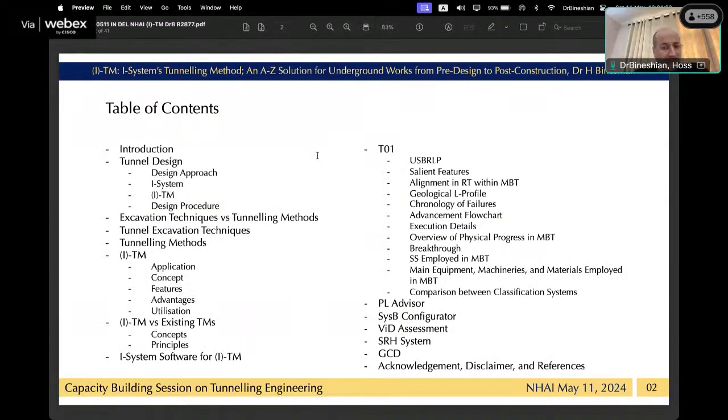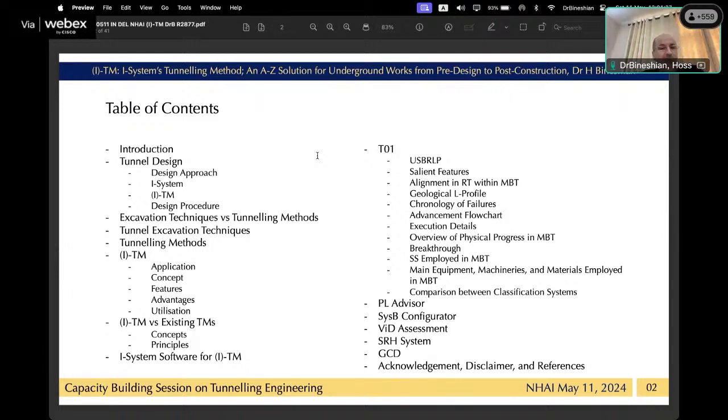Today's lecture is divided into two main parts. In the first part, I will give a little introduction about tunnel design and tunneling methods. Then I will explain tunnel design, design approach, I system, ITM, and design procedure based on the I system.